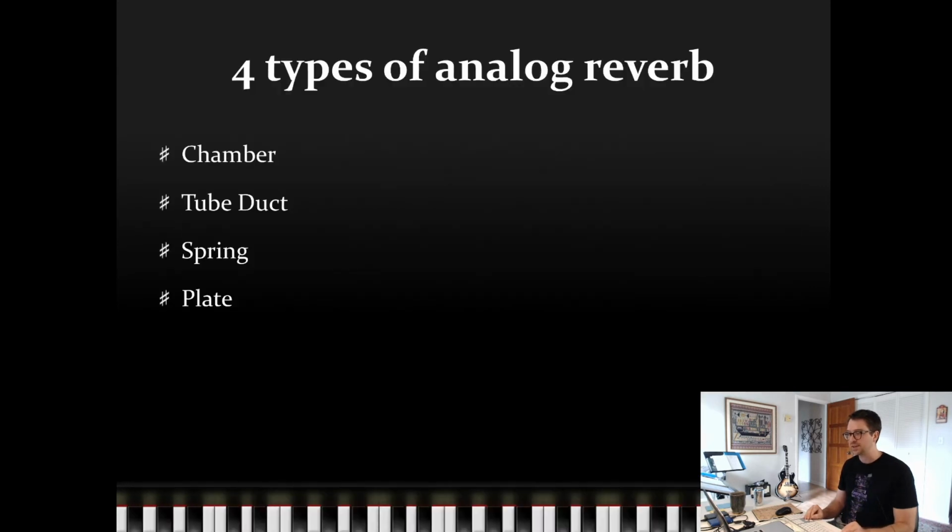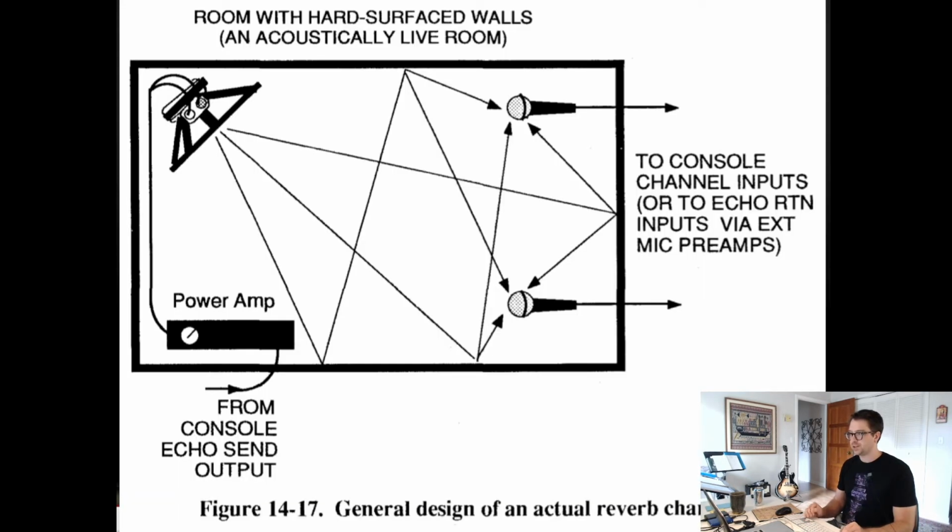And there are 4 types of analog reverb: chamber, tube duct, spring, and plate. Chamber is basically the idea where you play back sound in one side of a room, of a space, and then you record it on the other side of a space. So you're listening to your signal through a chamber.